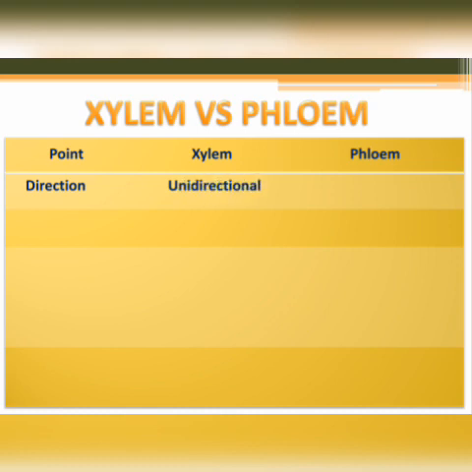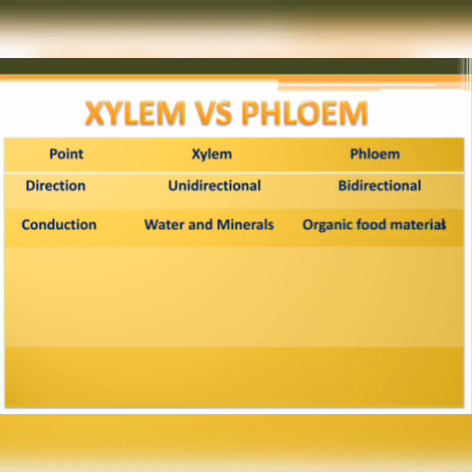They move from bottom to top, and phloem, they are bidirectional. They can either move upward or downward. Let us see the next point, which is on conduction. Xylem helps in conducting water and minerals, whereas phloem helps in conduction of organic food materials.